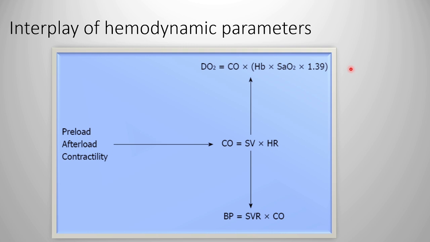But because the solubility coefficient of oxygen is very low, it is multiplied by 0.0003, so the contribution of that becomes very small in our overall calculation of delivered oxygen. So basically hemoglobin becomes important in that sense.